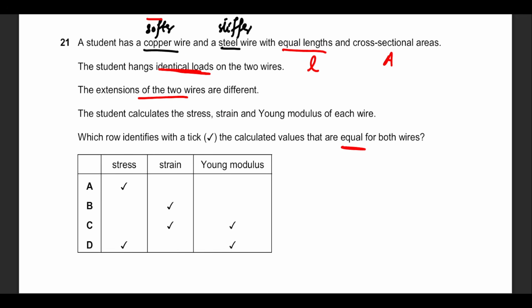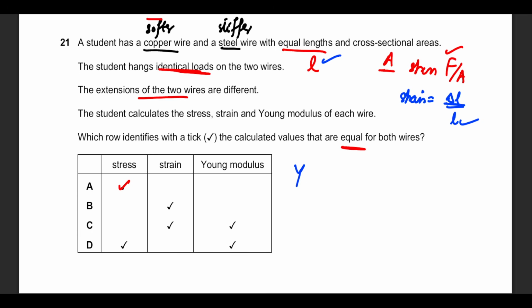You see, stress is force over area. If they both have the same cross-sectional areas and you're applying the same force on them, the stress is going to be the same. But what about the strain? You see, strain is change in length divided by length. They do have the same original length, but they are not stretching by the same amount, which means Young's modulus and the strain are going to be different.